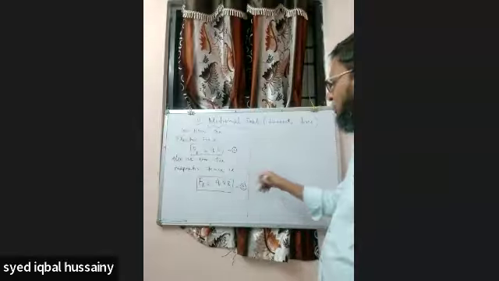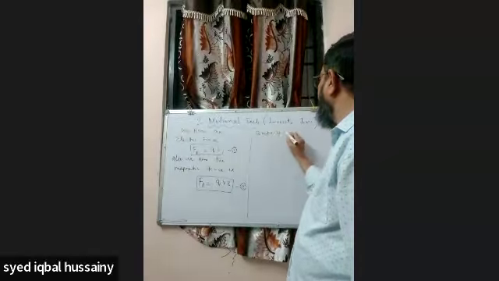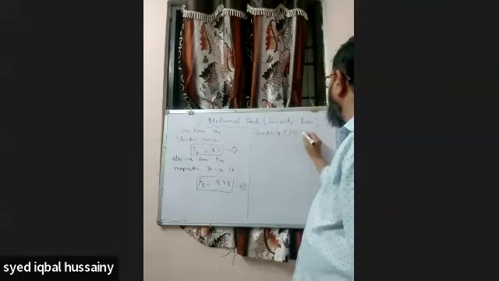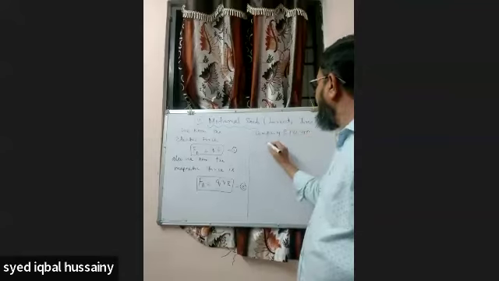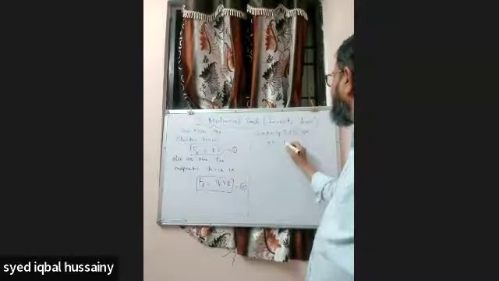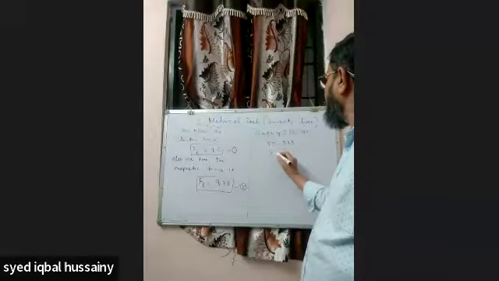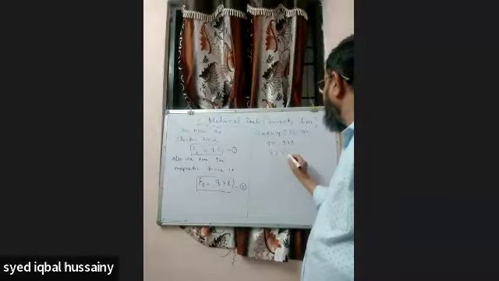So comparing 1 and 2 equation, QE is equal to QVB. So what will you get? E is equal to VB.